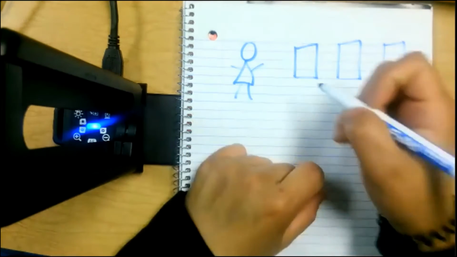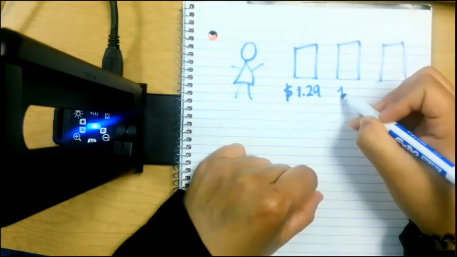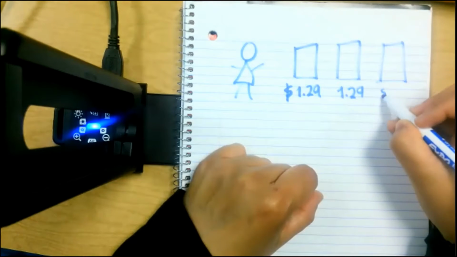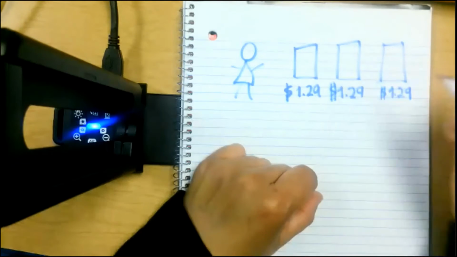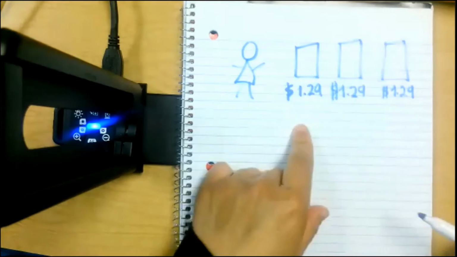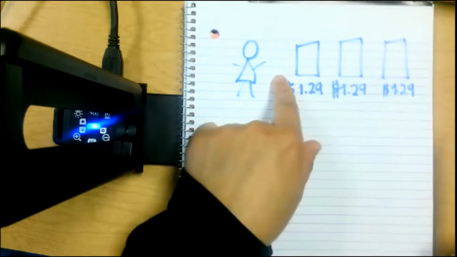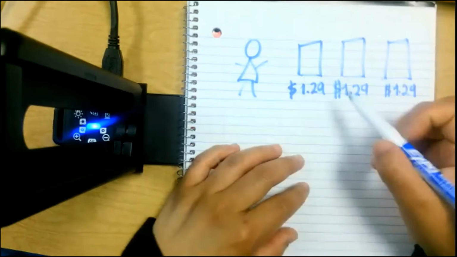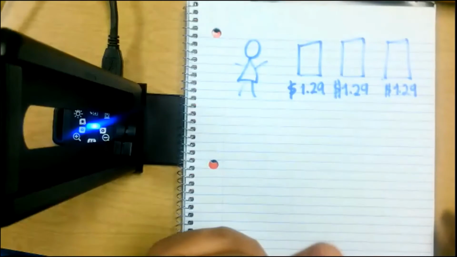So I want to buy 3 notebooks, and each of them is $1.29, $1.29, and $1.29. Okay, now when I go to the cashier and pay, she's going to charge me for the 3, right? And you can solve this 2 ways actually.